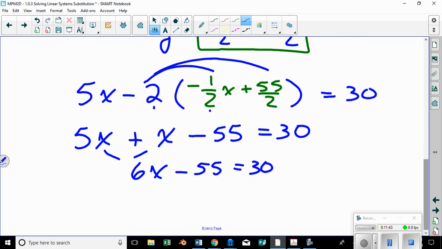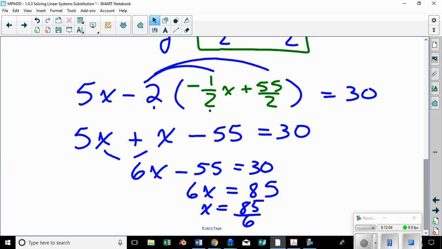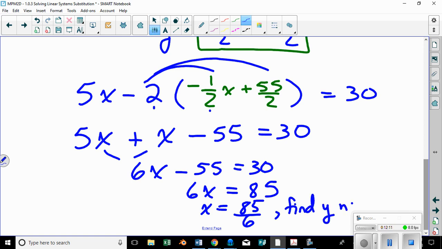And now I can solve for x with a couple of steps. So bringing the 55 over, we end up with 6x is equal to 85 because the 55 will add to the 30, and x is equal to 85 over 6. And in this case, we didn't get a very nice answer, but that can happen. You would then have to substitute to find your y. I'm going to leave that as an exercise for you to try.